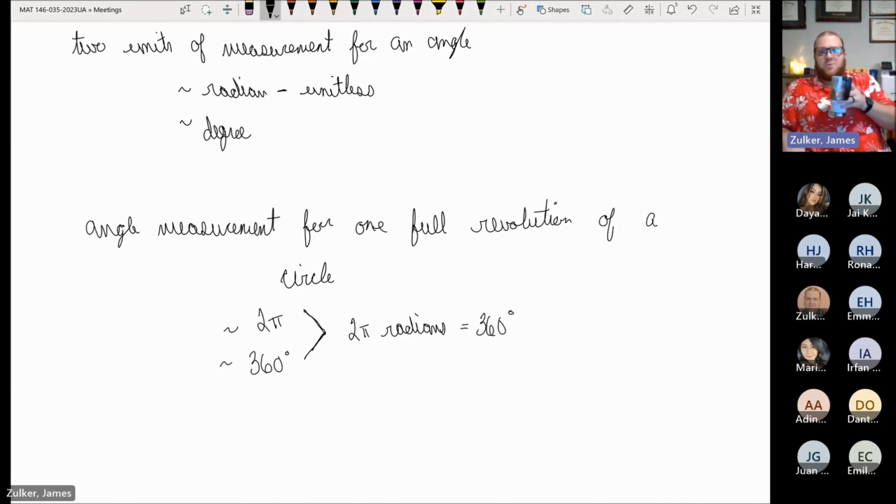Two pi rad is equal to 360 degrees. That means pi is 180 degrees.